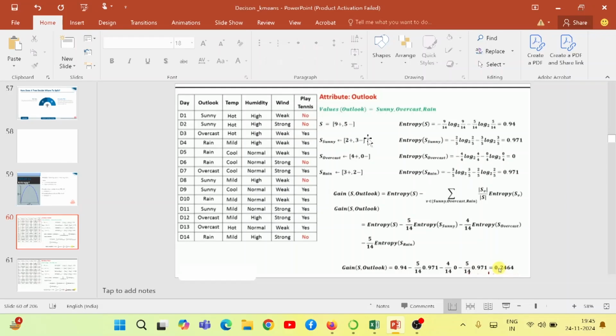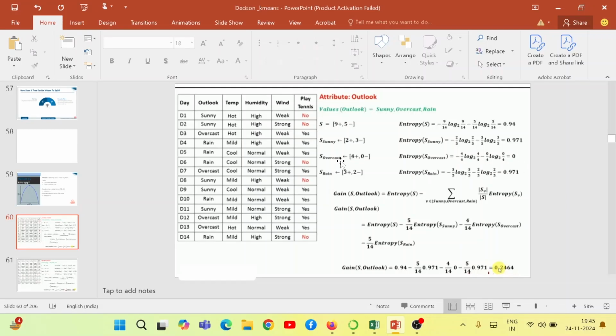So this 2 plus and 3 minus means 2 times we are able to play, and 3 times we are unable to play. Again based on this information we have to calculate the entropy. Using the same formula, we substitute the values, and we can see the entropy of S sunny will be 0.971.